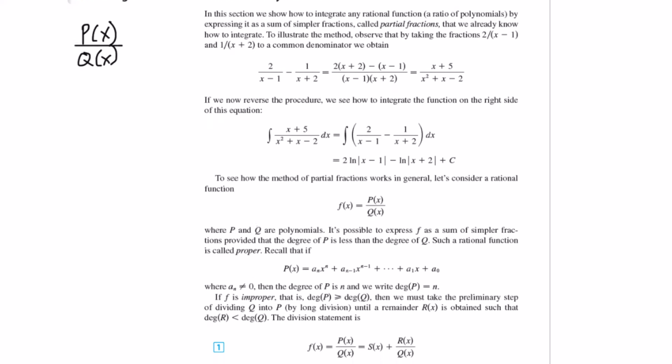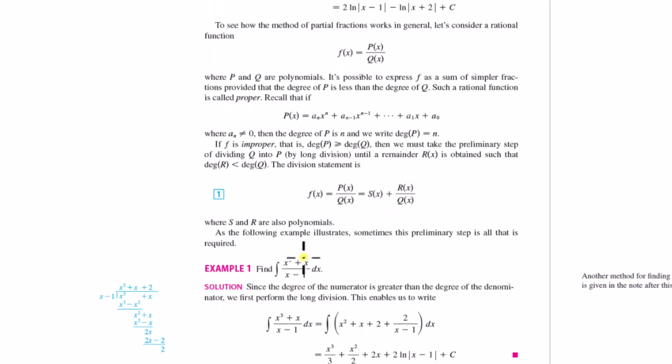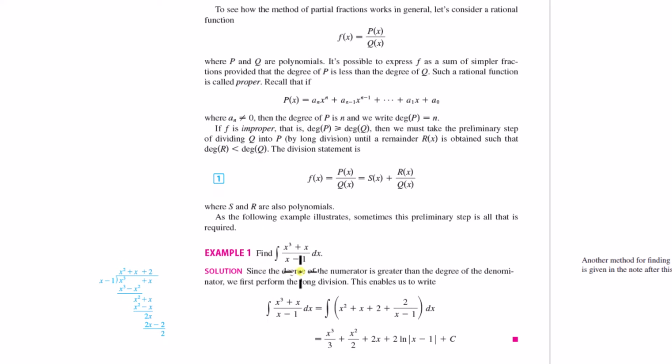So if we look here, here's a case where you start off with the rational function where the order of the numerator is greater than the order of the denominator. So they do polynomial long division first and get this. And so you can integrate this, you can integrate this, you can integrate this, and then you're always going to be left with a rational function where the order of the numerator is less than the order of the denominator.